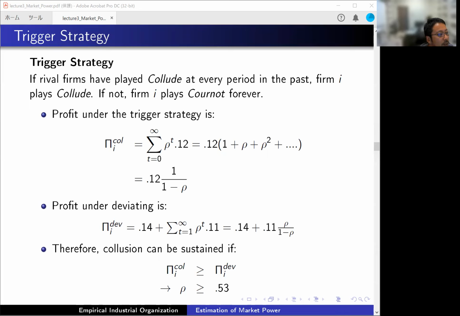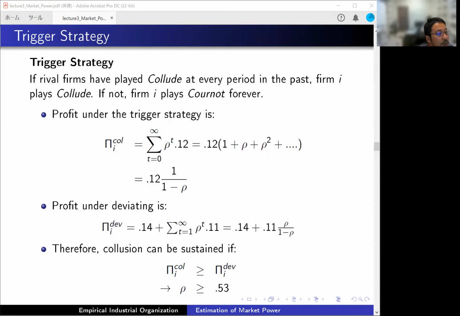Now, if firm i deviates today, then the rival plays the Cournot level of output from today on, and so firm i gets 0.14 today and gets 0.11 from tomorrow on. We can compare the lifetime profits from the two scenarios and derive the range of discount factor where deviation is not profitable for firm i.